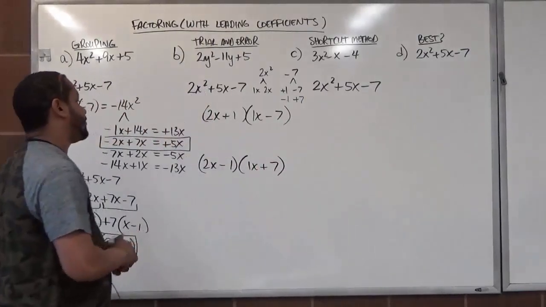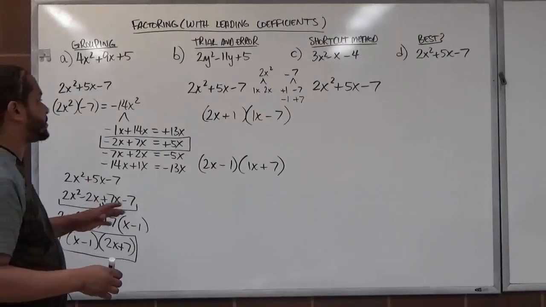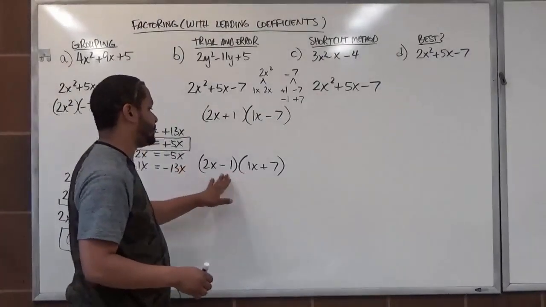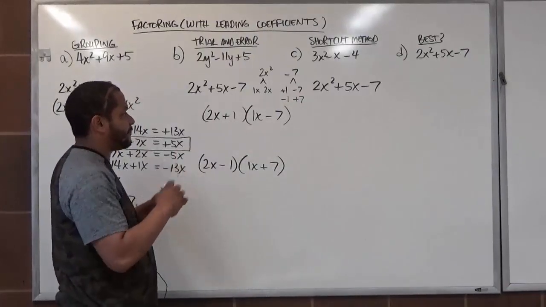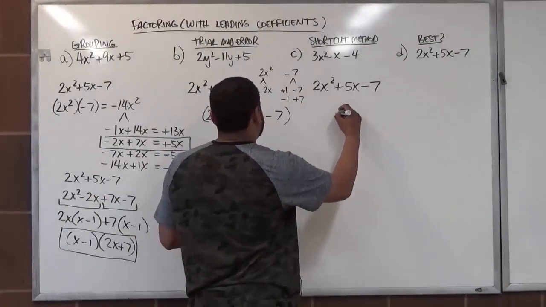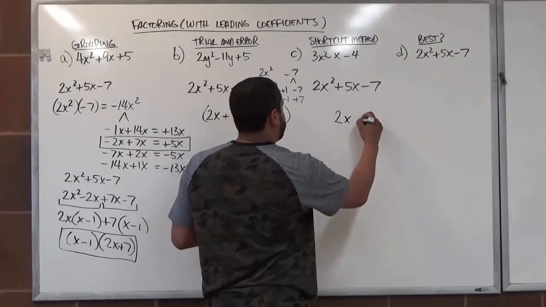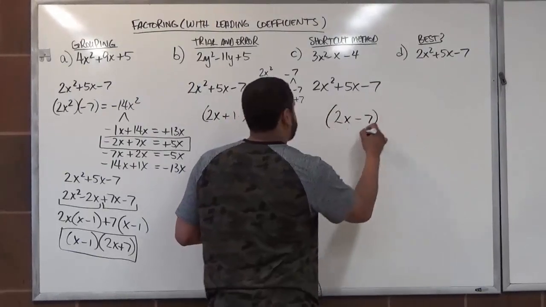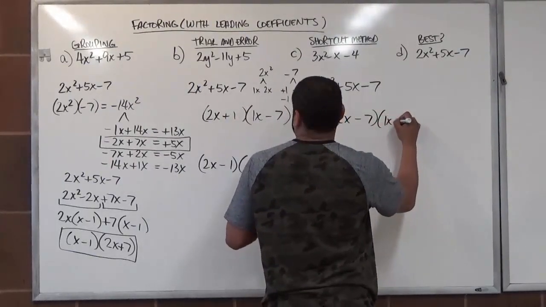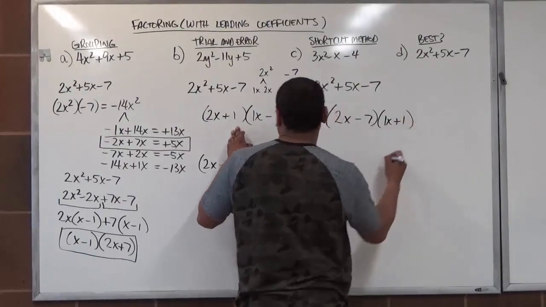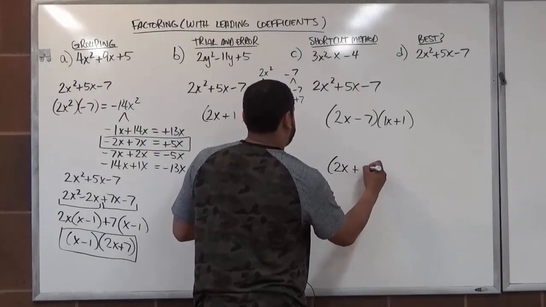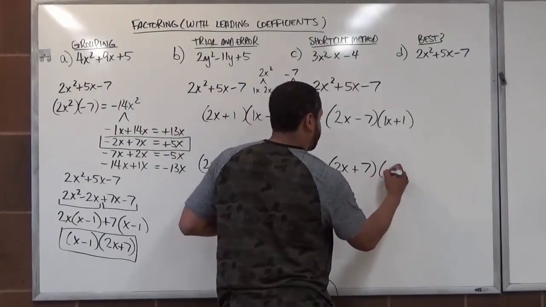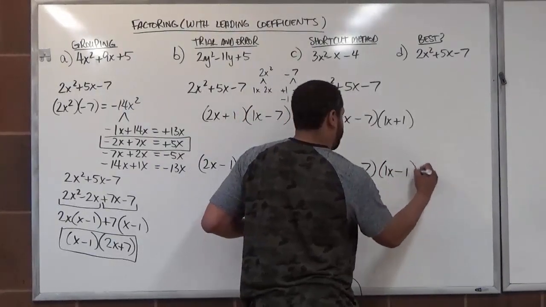Now these aren't the only rearrangements we have for these sets, because we could also pair the 7 with the 2 or the negative 7 with the 2. All right? And so there are going to be 4 possible ways to do this. So the other set is going to be 2x minus 7 times 1x plus 1, or 2x plus 7 and 1x minus 1.